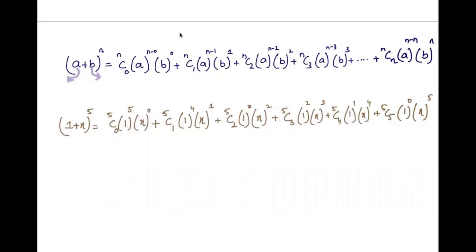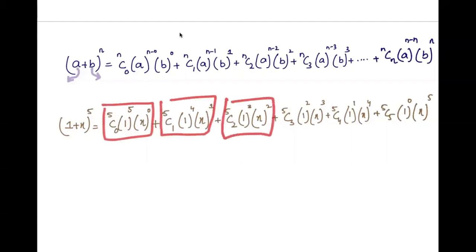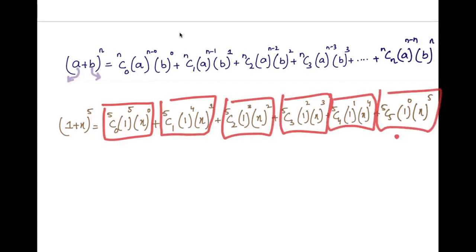All right. Now, I'm just further going to simplify this. But before that, I want you to make some observations. This is one of the terms, this is the second term, third term, fourth, fifth, and sixth. Since the power was 5, the expansion is going to have the number of terms one more than the power. So the expansion is going to have 6 terms.